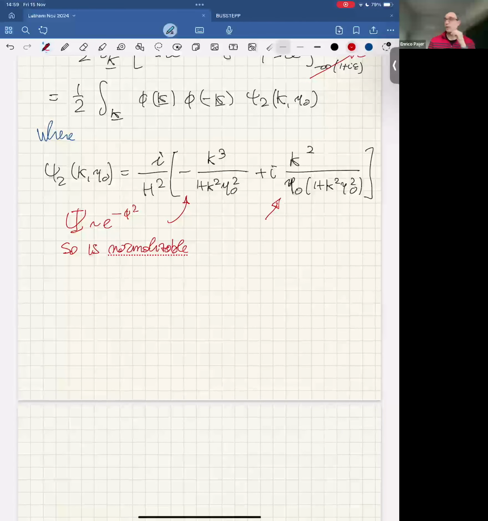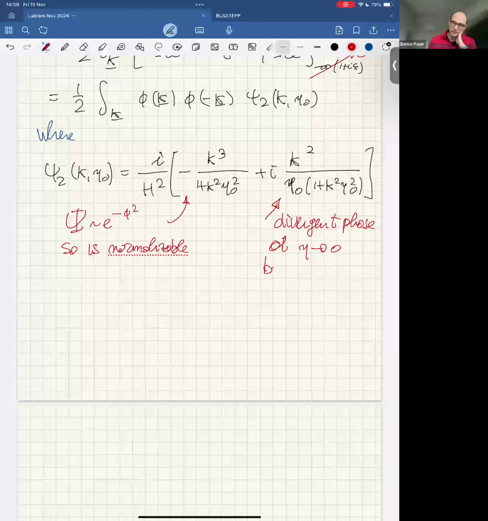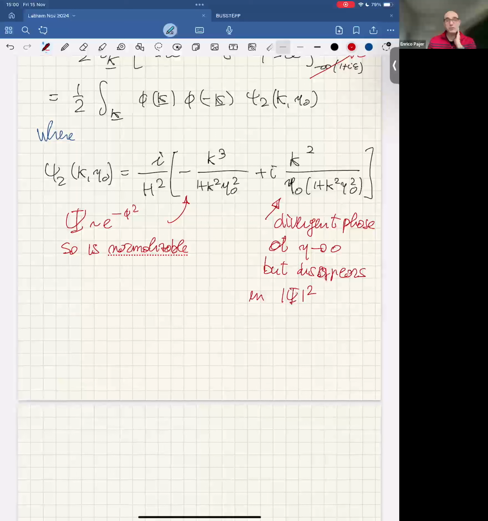This one is an oscillating phase, a divergent phase when I send eta to 0, but it disappears when you compute psi squared because it's just a phase.